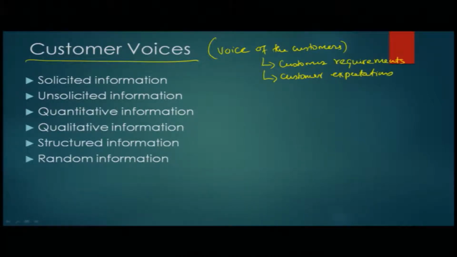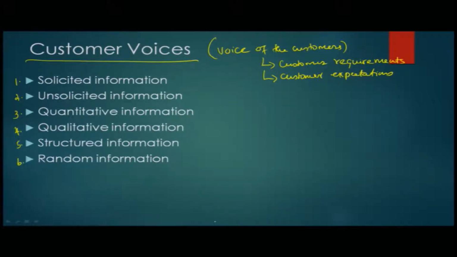Whatever phrase we use in this case, the customer voices or the customer requirements or the voice of the customer or expectations, they can be in the following 6 forms. Number 1, solicited information. Number 2, unsolicited information. Number 3, quantitative. Number 4, qualitative. Number 5, structured. And number 6, random.